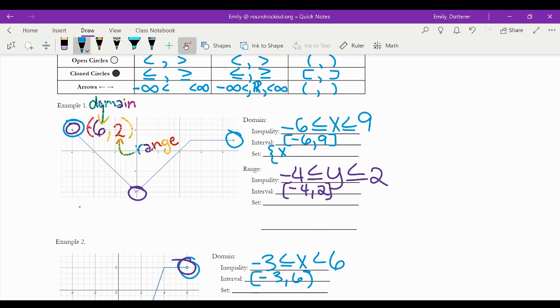We've got some special symbols in here that we're going to use. So we have X. Then we're going to draw a vertical line. The vertical line means such that.